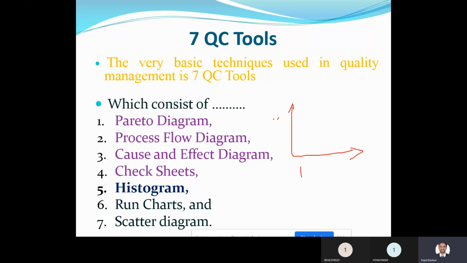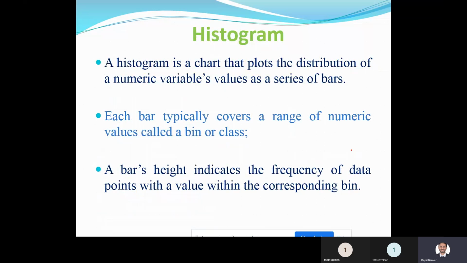Got it? Now let's go to some detailing of the histogram. A histogram is a chart that plots the distribution of a numeric variable. As I told you, on the x-axis, numerical or continuous data is there.